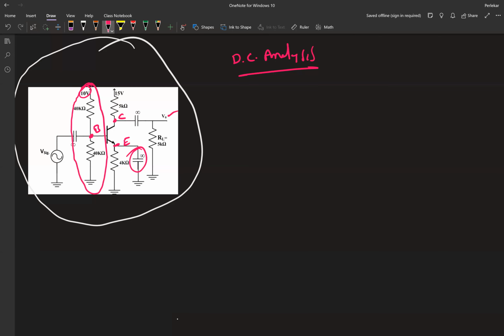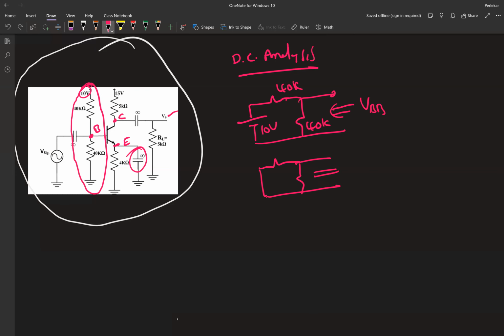So this is what I have: 10 volt and 40K, another 40K. Now I need this voltage as VBB, and while finding RBB, remove all independent sources with their internal resistance. That way we can find the RBB.